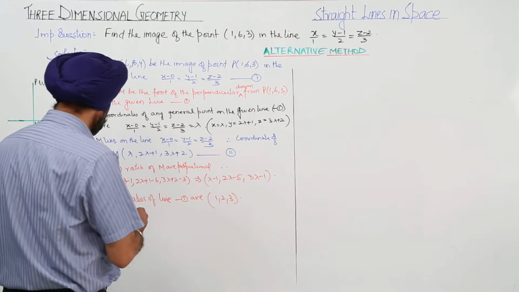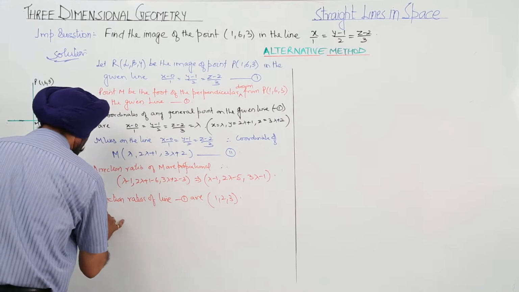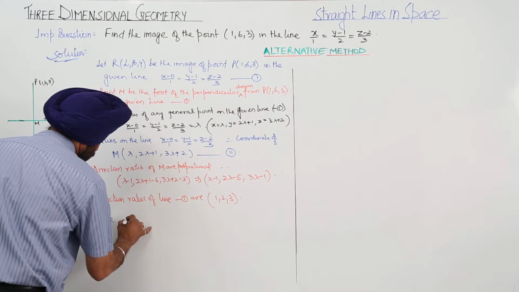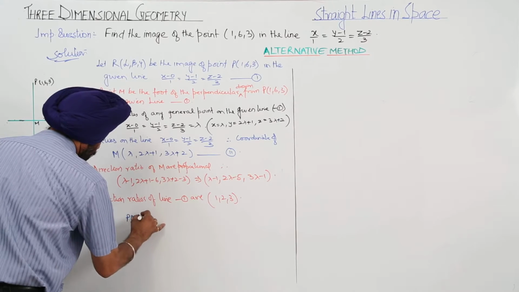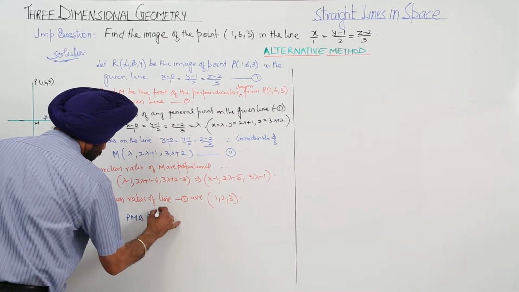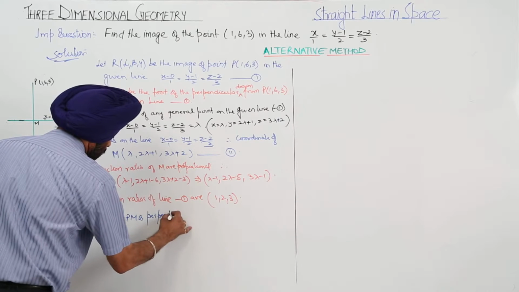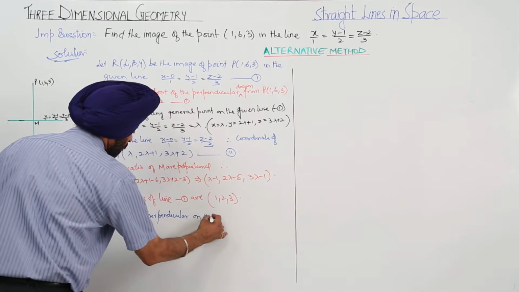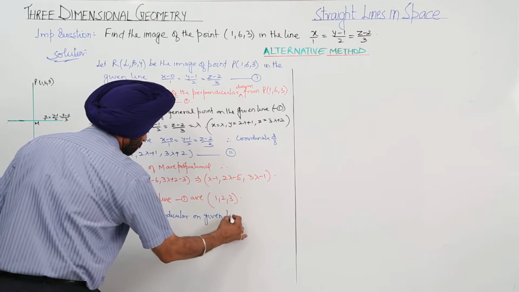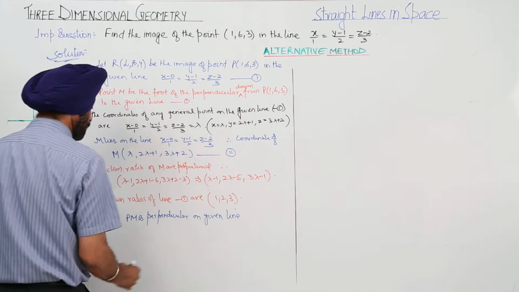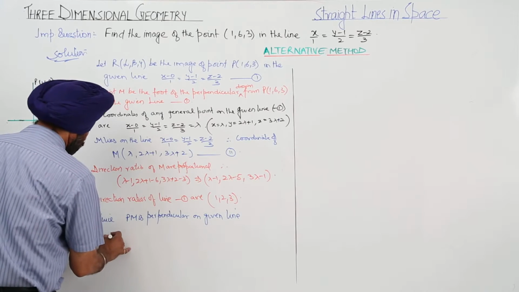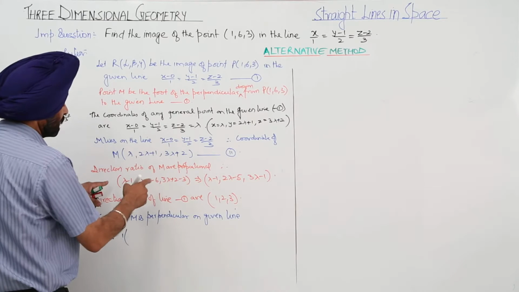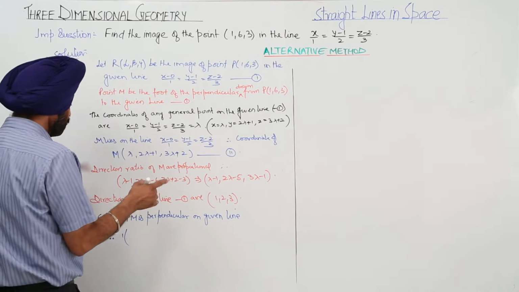Now, since PM is perpendicular to the given line, therefore direction ratio of line with direction ratios of line PM.